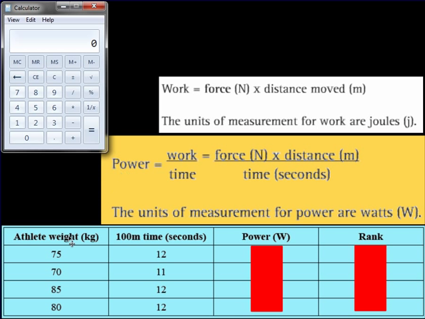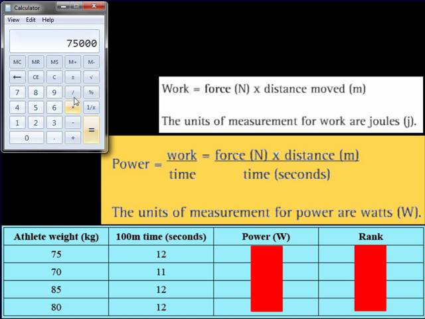So let's take our 75 kilogram 100 meter sprinter. So if we look at the equation, force, distance, time. We need to work out the top of the equation first. So 75 times that by 10, and we're going to get our force in newtons. Times that by the distance, well, the distance quite simply is 100 meters.